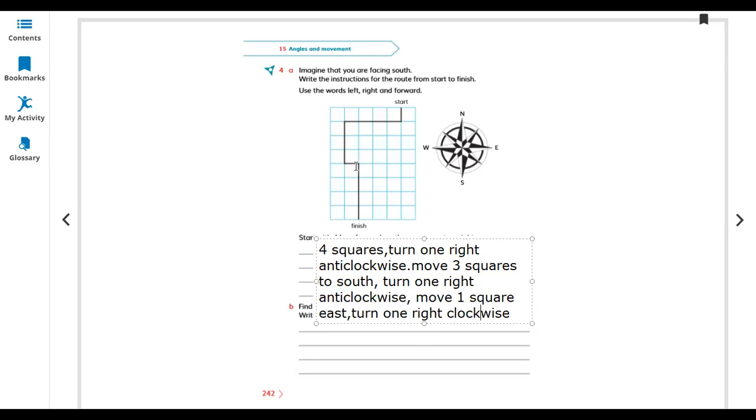And the last, you're moving four squares. Like this, you've reached here.